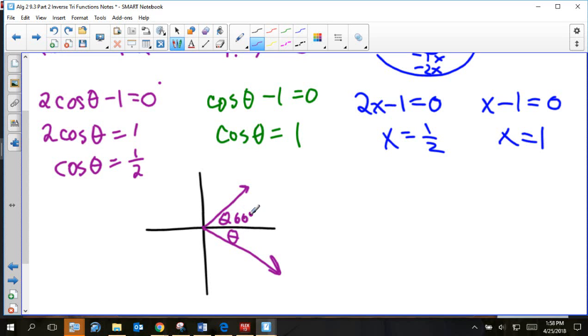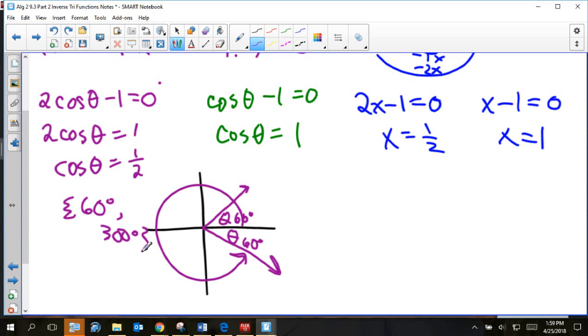That's the reference angle. Now, if it's in the first quadrant, then that really is a 60-degree angle. So one of my answers is 60 degrees. If it's in the last quadrant, I just start at 0 and go all the way around. I have 60 left. That's going to be 300. So those are the purple answers.